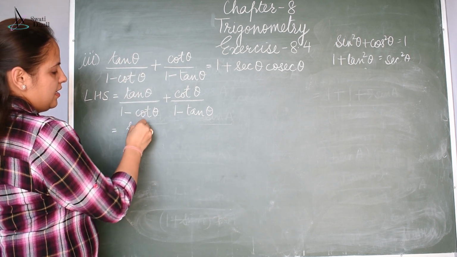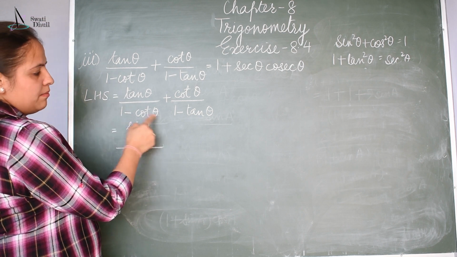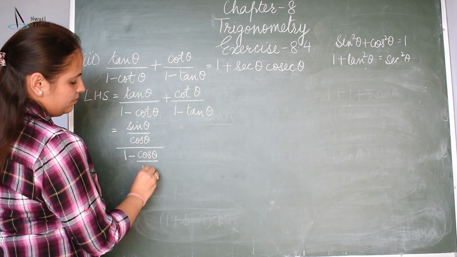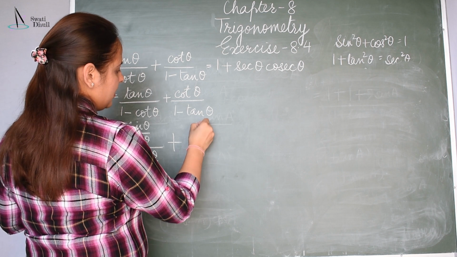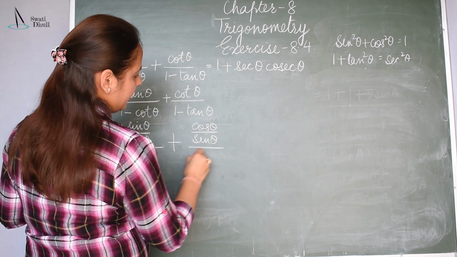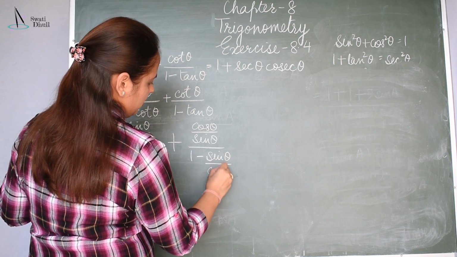Tan theta can be written as sine theta divided by cos theta, 1 minus cot theta. So 1 minus cos theta upon sine theta, plus cot theta is cos theta upon sine theta, divided by 1 minus sine theta divided by cos theta.